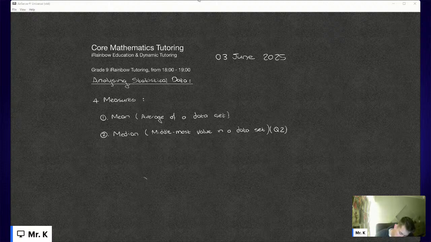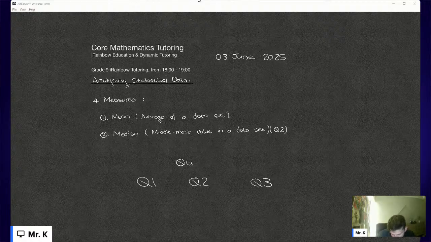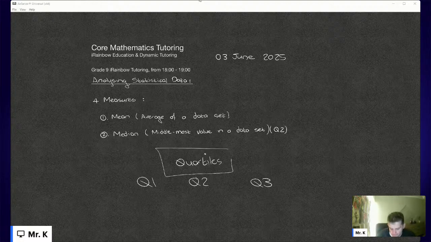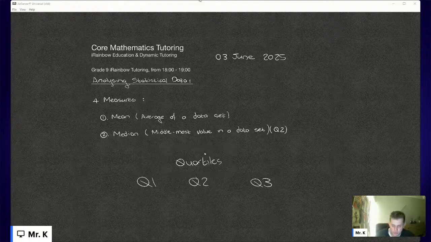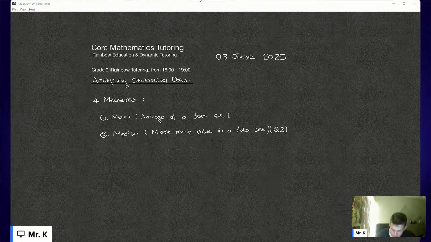Okay, because eventually you'll see we talk about Q1, Q2, and Q3, which represents the quarter mark quartiles, or just quartiles, I suppose, of a data set. But this is something you will learn about a little bit later on, but it is something that you will begin discussing, or at least maybe seeing in textbooks.